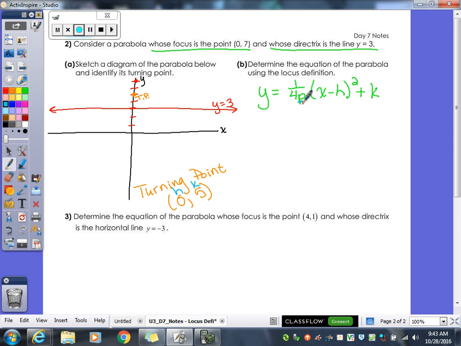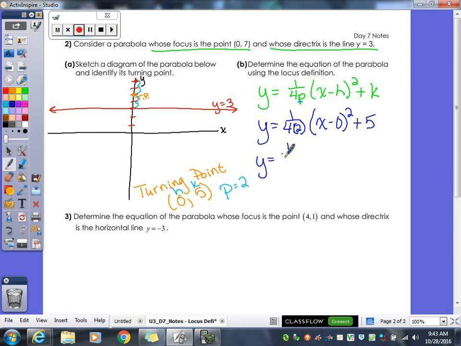My p, remember, is the distance from the focus to the turning point and the turning point to the directrix. So if you count that, our p is 2. So we're going to go ahead and plug that into our formula. So we get 1 over 4 times 2, and then (x minus 0) squared plus 5.